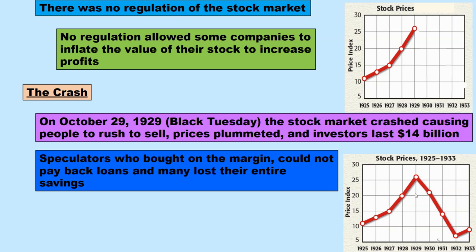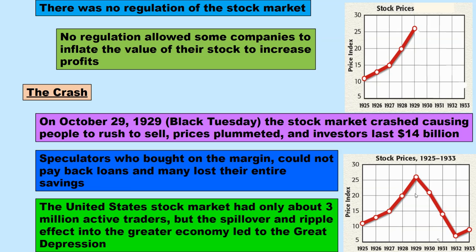Okay, speculators who bought on the margin can't pay back loans, and they lose their entire savings. We see an increase in suicides as a result of the stock market crash in '29. Depression is going to go up. All sorts of things are kind of a ripple effect from the crash. Now, keep in mind that the stock market in the United States doesn't truly directly impact that many Americans.